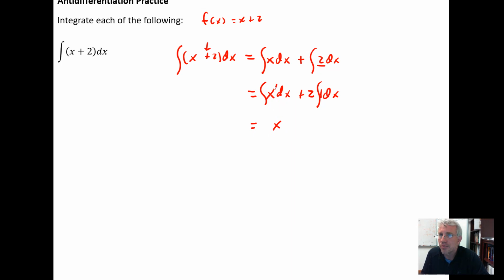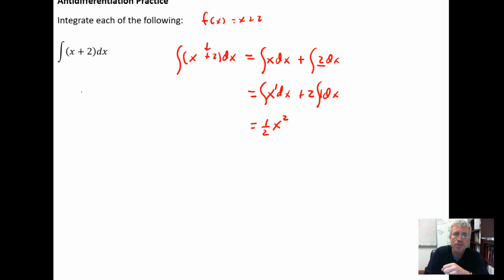This is x to the first, so we're going to guess that the exponent is 1 larger. And then we're going to say, if I took the derivative of x squared, what would that give me? Well, the 2 would come down in front. So we're going to need a 1/2 to kill the exponent 2 when you take a derivative.